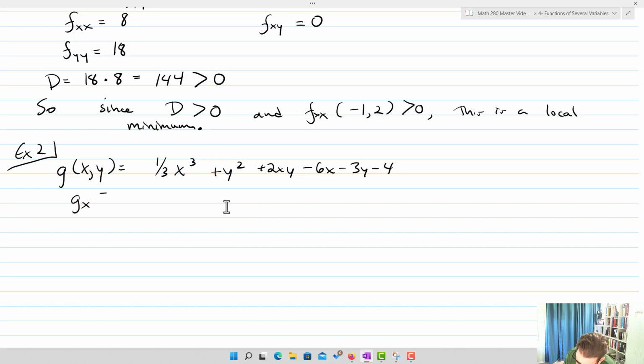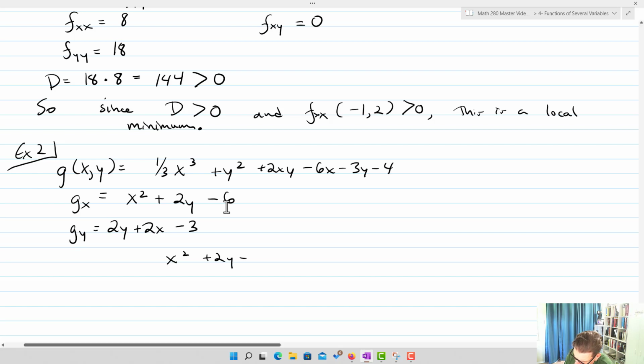We take gx, which is going to equal x squared plus 2y minus 6, and gy is going to equal 2y plus 2x minus 3. We're going to set up a system of equations to solve this: x squared plus 2y minus 6 equal to 0, and 2y plus 2x minus 3 equal to 0.